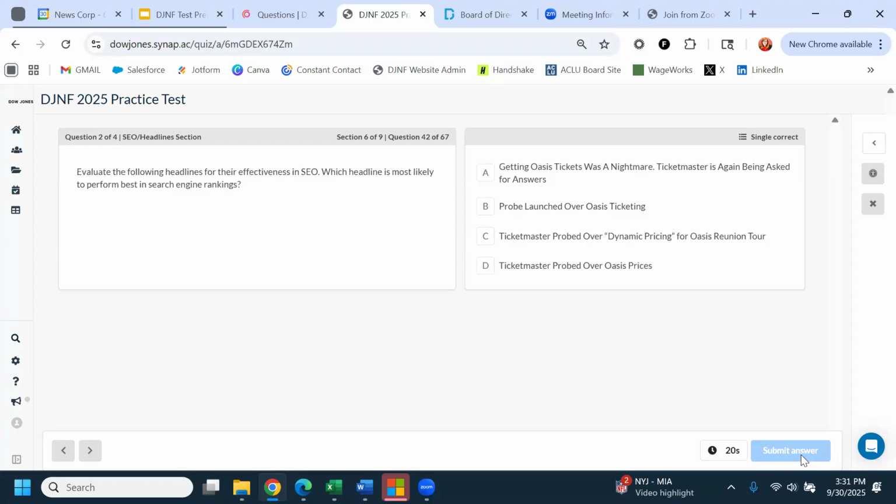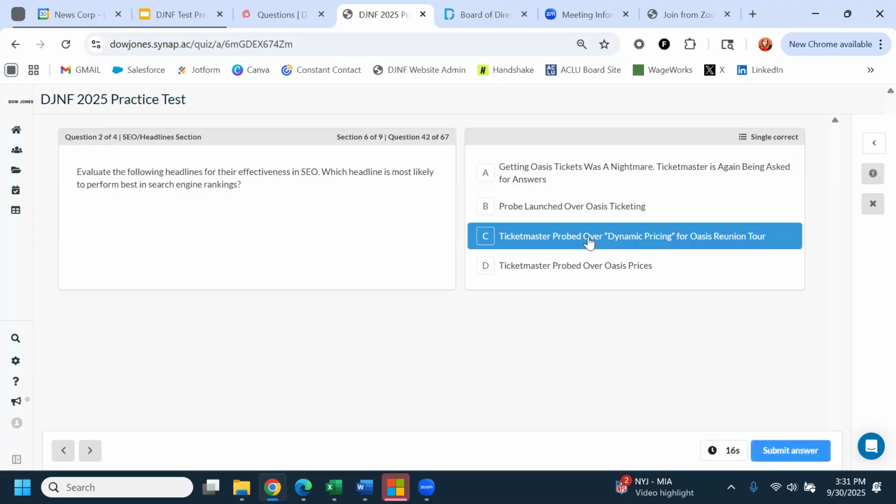So yeah, we don't have a lot of time, so I will just tell you the answer here is Ticketmaster approved over dynamic pricing for Oasis reunion tour. So again, you want to look up what are the principles for an SEO headline.